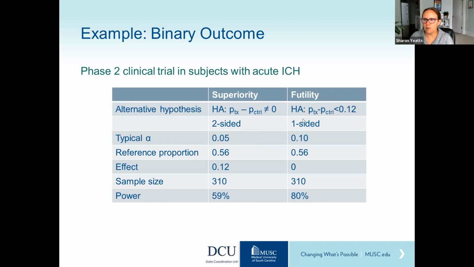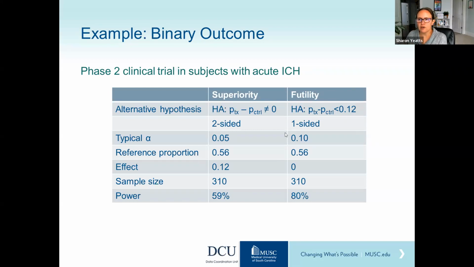So the alternative hypothesis here, instead of showing, as in the superiority, that the treatment effect is not equal to 0, the futility design writes the alternative hypothesis such that the treatment effect is less than some threshold that you declare to be clinically meaningful. Okay. Written this way, this is a one-sided hypothesis.